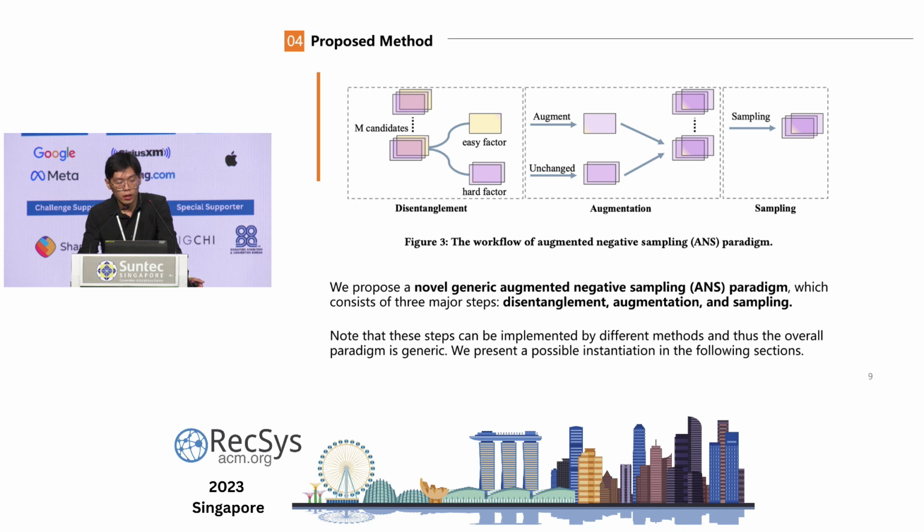Then augmentation is applied just on the easy factor. You know, a hard factor means it's hard enough. Then we have a sampling strategy. We introduce a new metric called augmentation gain to alleviate the information discrimination we talked about before. Note that these steps can be implemented by different methods, and thus the overall paradigm is generic. You can replace any step with your own methods.